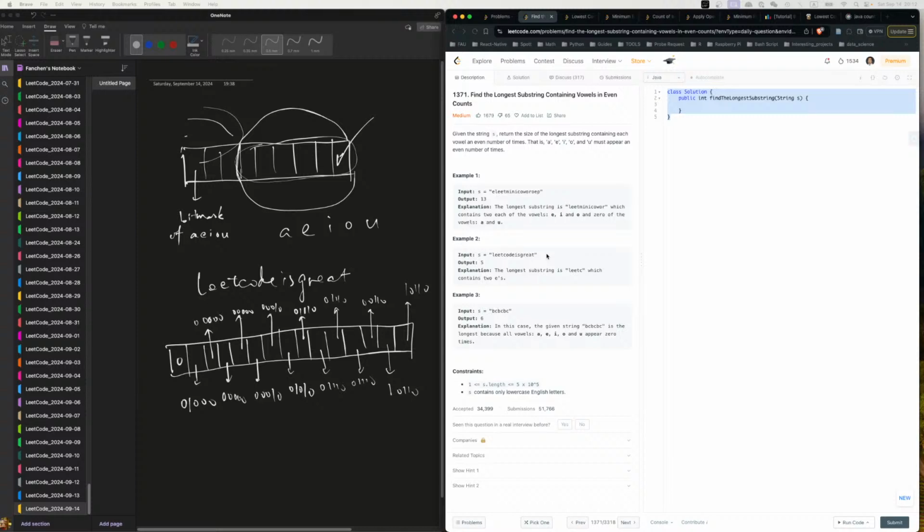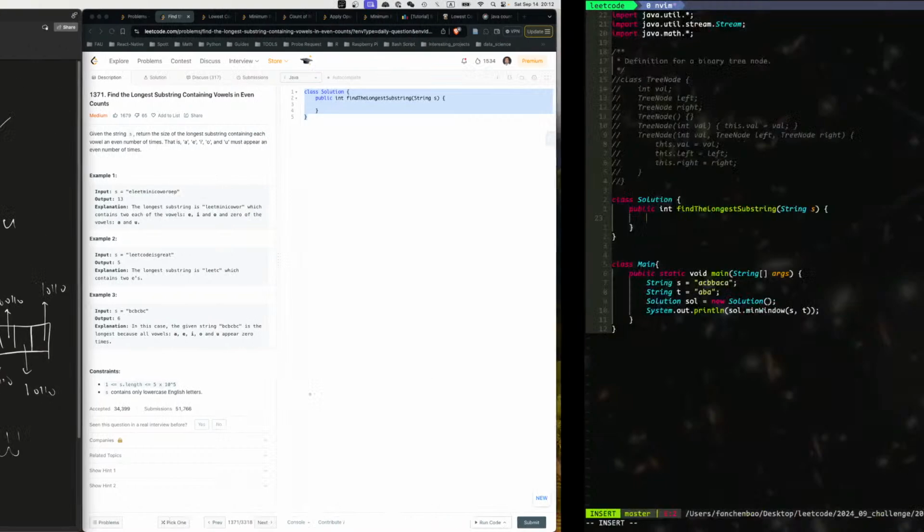That's 5 letters. So the max is 5 ones, right? So it's 1 left shift 5 minus 1. 1 2 3 4 5. Yeah, that's like the length.